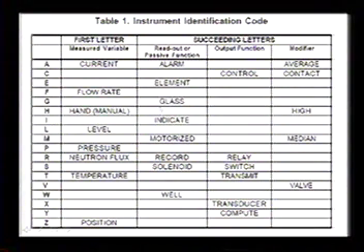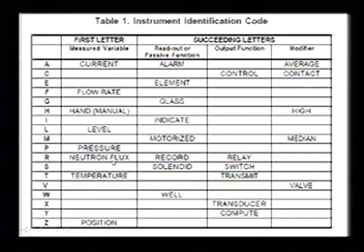The I, if it's the second letter here, it's the indicator, so like a LI, level indication. L is level. M is motorized, and then modifier median. P is pressure. R, the neutron flux, or the recorder if it's a second letter. So if it's a FR, it's a flow recorder.